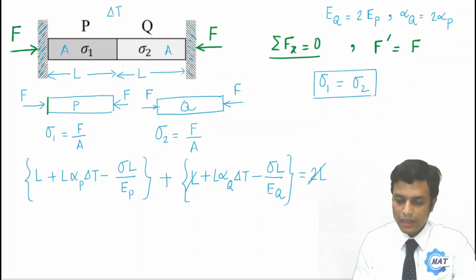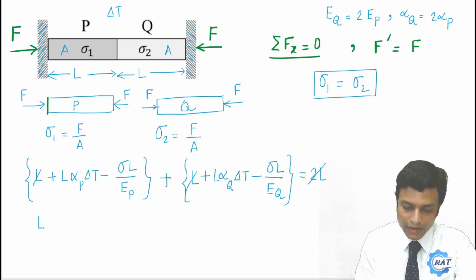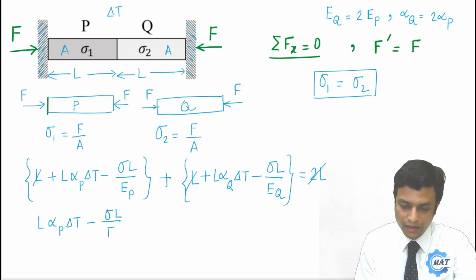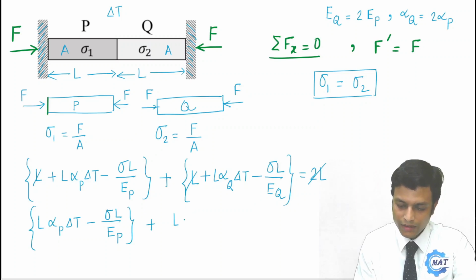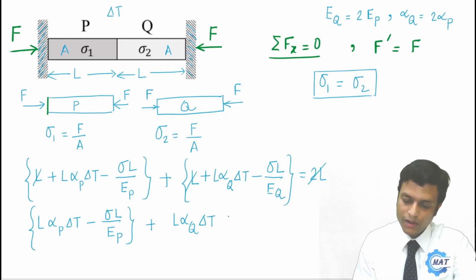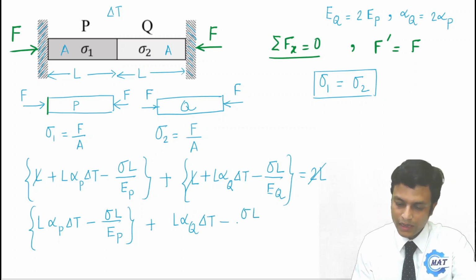So this 2L and these L's cancel. Now we can write L alpha P delta T minus sigma L by EP, this is the change in length of P, and L alpha Q delta T minus sigma L by EQ.